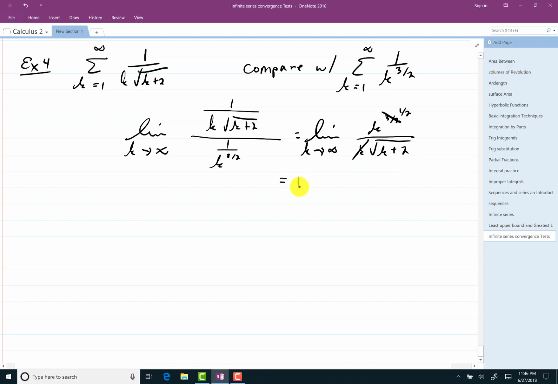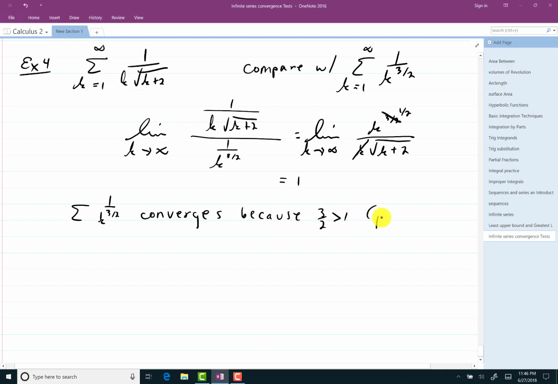So both series converge because this is a p series. It converges. This is a known convergent series, and therefore this converges. So 1 over k to the 3/2 converges because 3/2 is greater than 1.